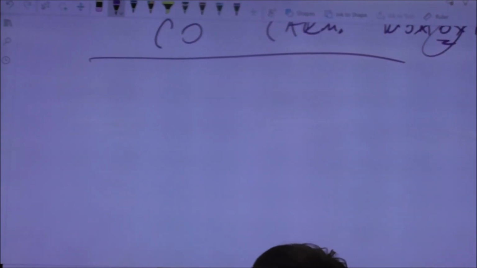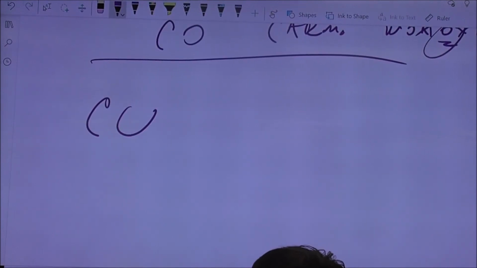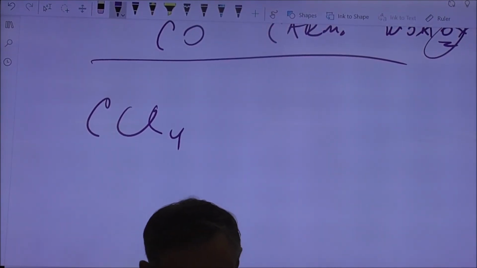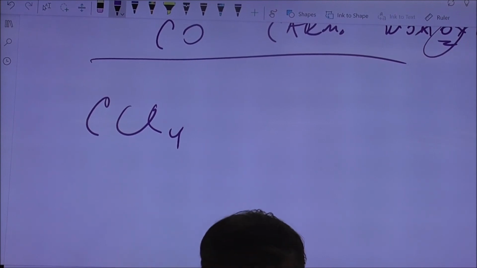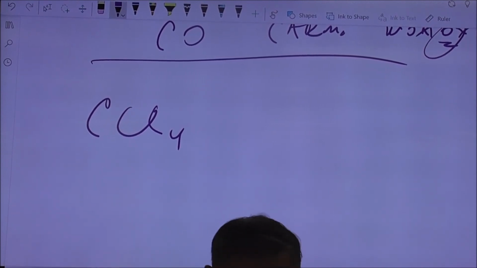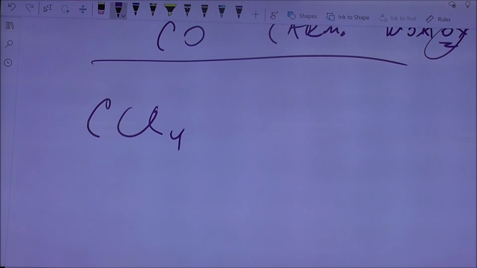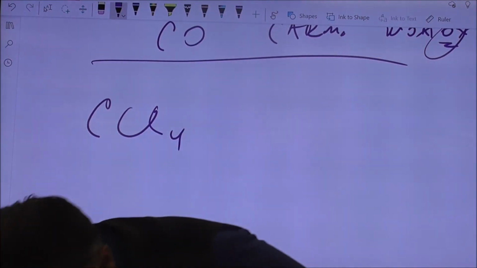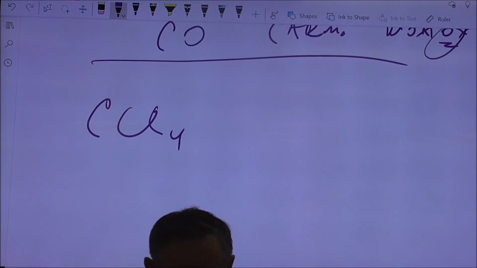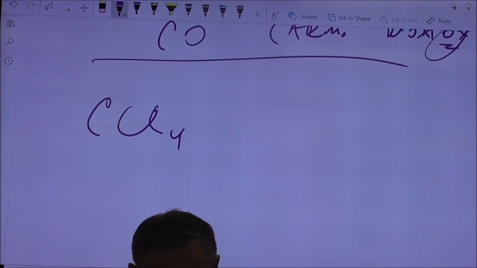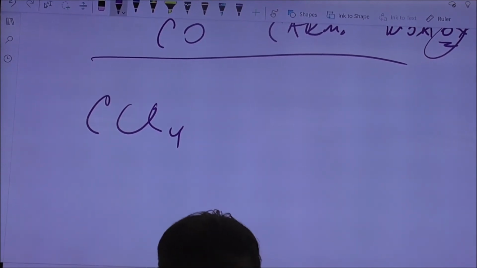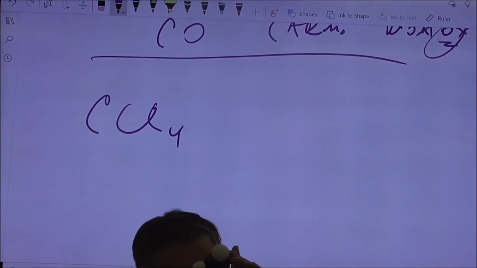So let's say that you have CCl4. So CCl4 is one of my favorites, okay? It's one of my favorite molecules. So here I've got carbon, and let me grab some. So let's say that you've got, these are chlorines. Okay? So this is CCl4.